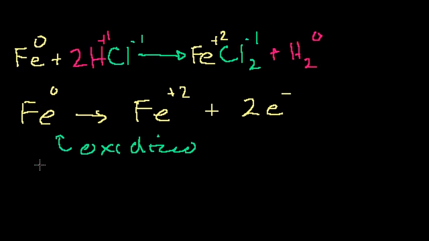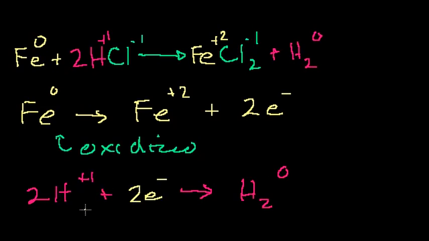The hydrogen went from 2 hydrogens with a +1 state, and essentially they went to 2 hydrogens with a neutral state. So 2 electrons must have been added to the hydrogens. Their charge was reduced. So they were reduced. And what were they reduced by? They were reduced by the iron. What was the iron oxidized by? It was oxidized by the hydrogen.